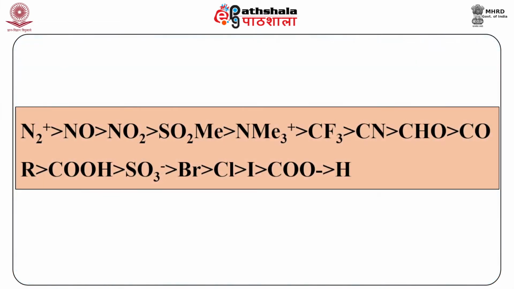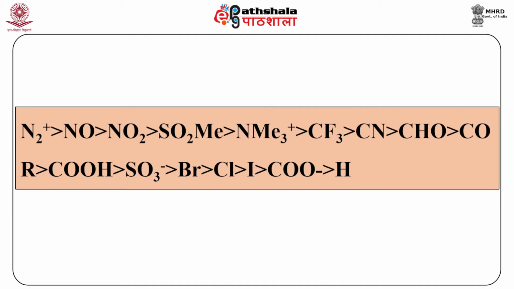On the contrary students, if the substrate has electron donating substituents, then reactions go slow. For common substituents, this is the order of increasing ability to activate aromatic rings for SNAr substitutions.